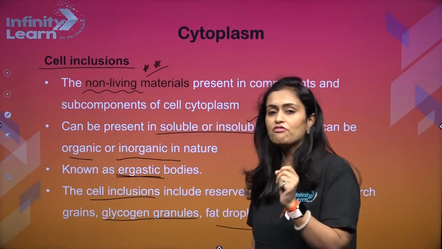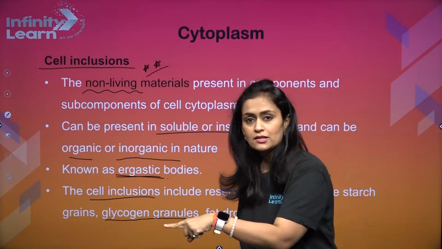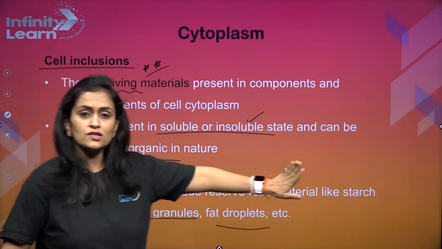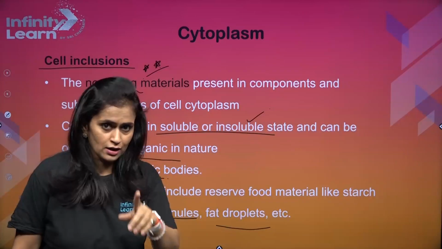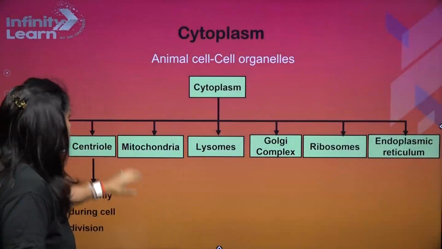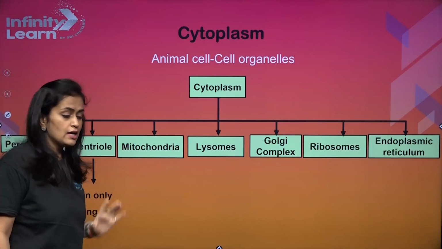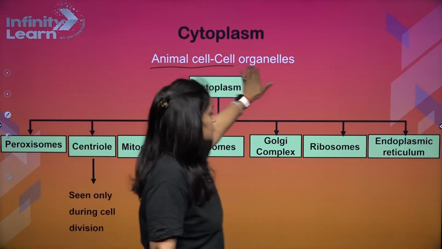So what do we have majorly in our cytoplasm? We can divide it into two groups: cell organelles and cell inclusions. Organelles, the living components; inclusions, the non-living components. Now, the plant cell and animal cell have their own set of organelles. Like the peroxisomes, animal cell organelles.